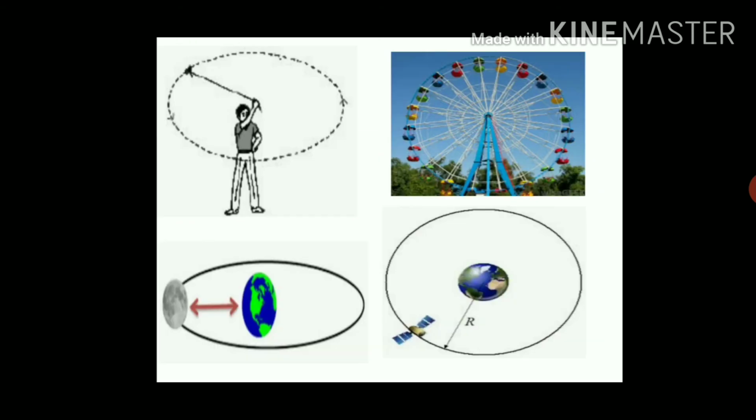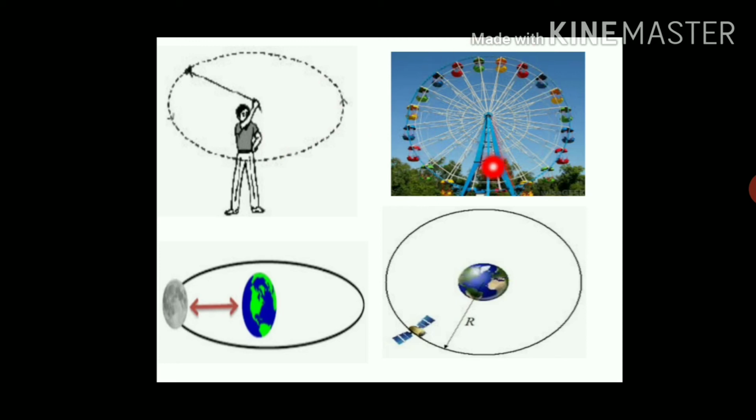Now students, observe this slide. What are you observing in these slides? You observe some circular things. Here, a stone tied to a string moves in a circular motion.